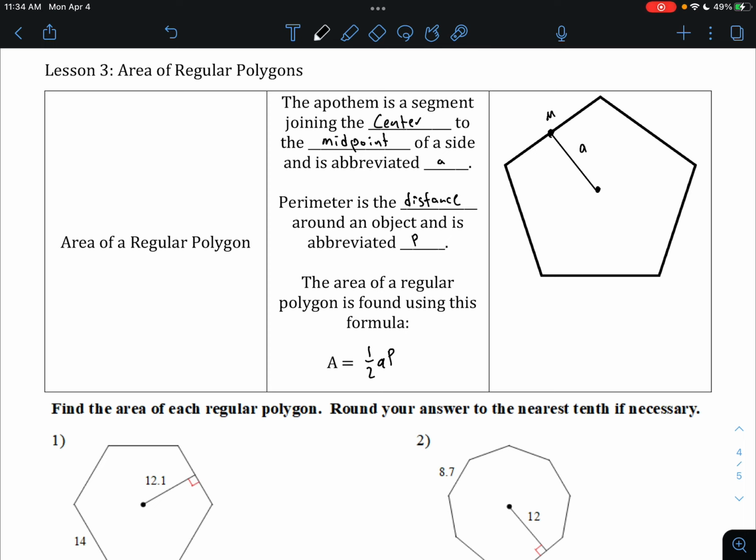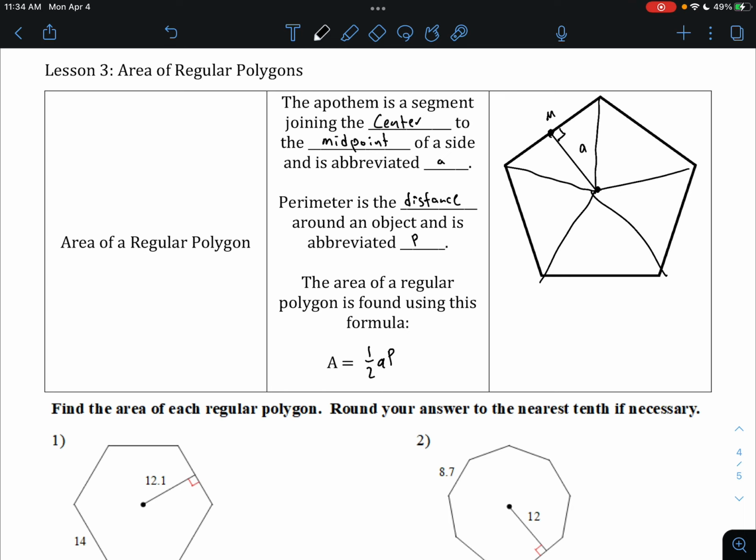You don't have to write this part down. This is why it works. We've got an equilateral triangle here, and another congruent triangle here, and here, and here. So I've got 1, 2, 3, 4, 5 triangles that are all the same size.